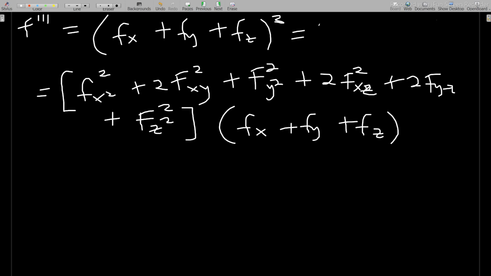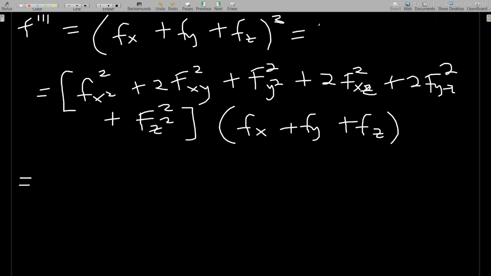Sorry, like that. So if we expand this, first of all, let's multiply everything by fx. We are multiplying everything in the square bracket by fx.